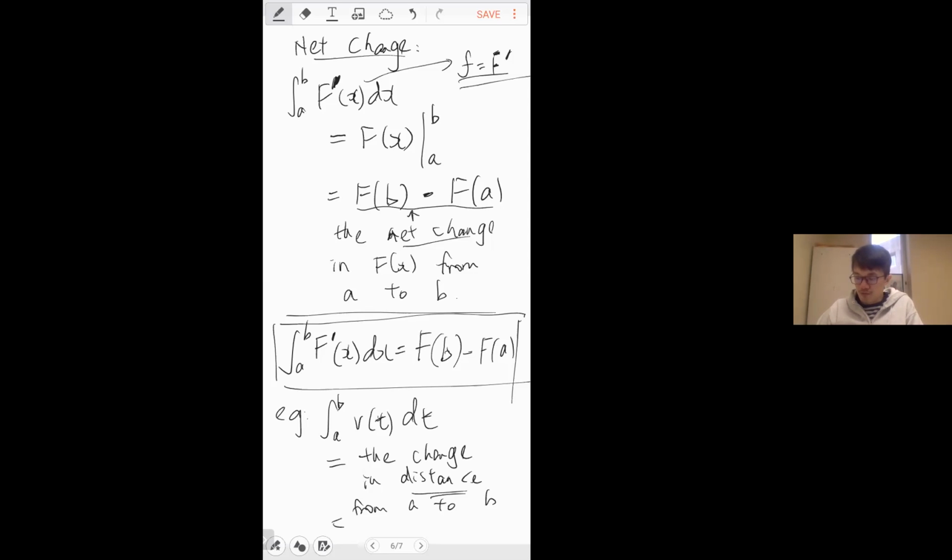And to put it in a fancy way, this is really just a displacement from a to b. Right, the displacement is the same as the change in the distance. Make sense? Questions? Okay.